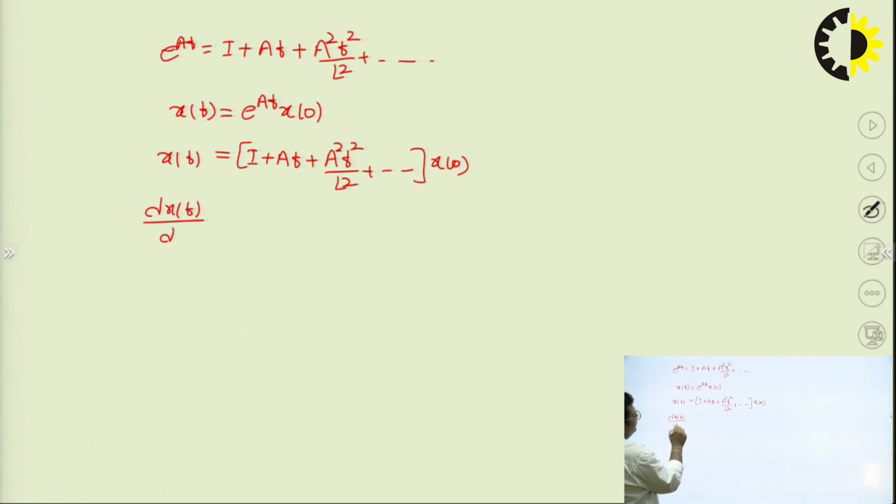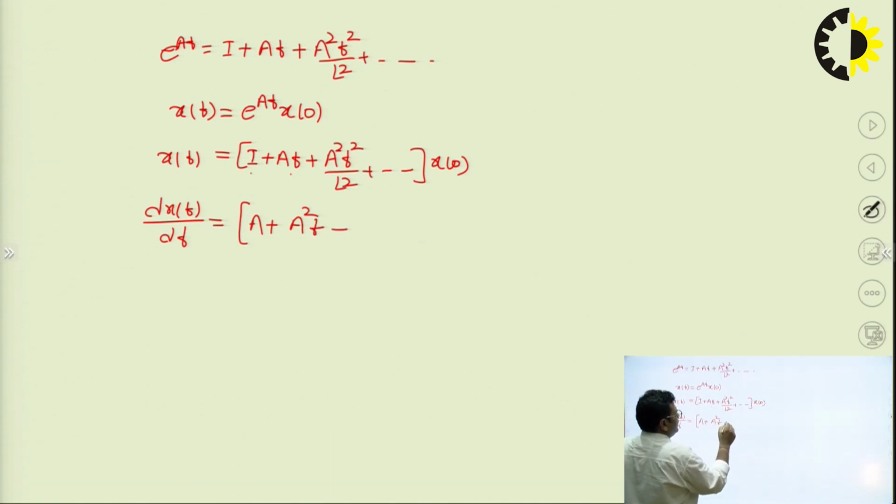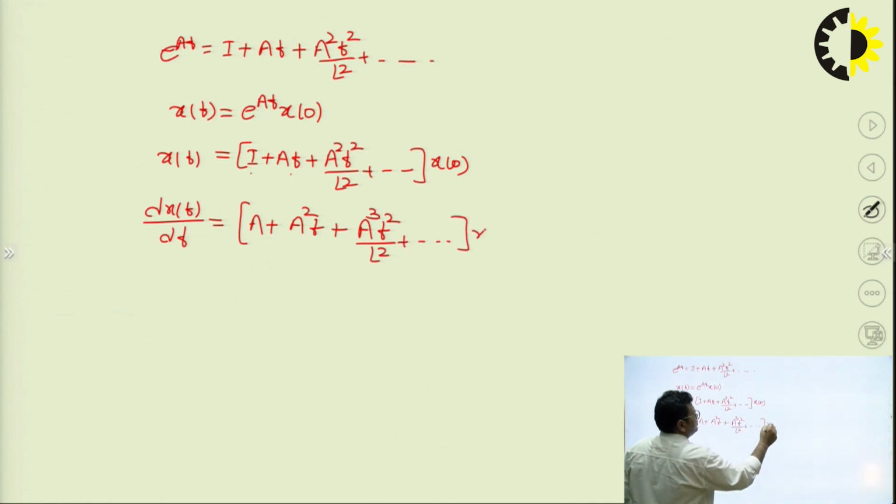Now if we differentiate this equation, we will get dx(t) over dt is equal to, differentiation of I will be 0, and differentiation of At with respect to t will be A, plus A square into t, then the next term A cube into t square divided by factorial 2 and so on, into x naught. Now we can take A common.